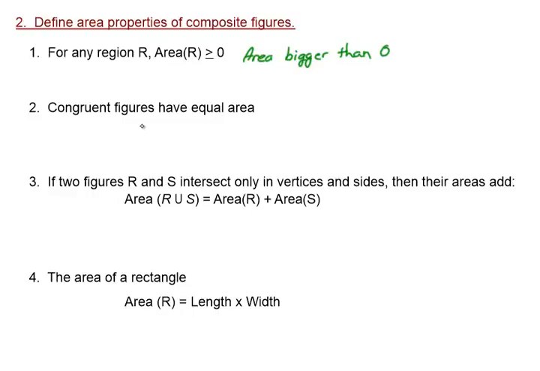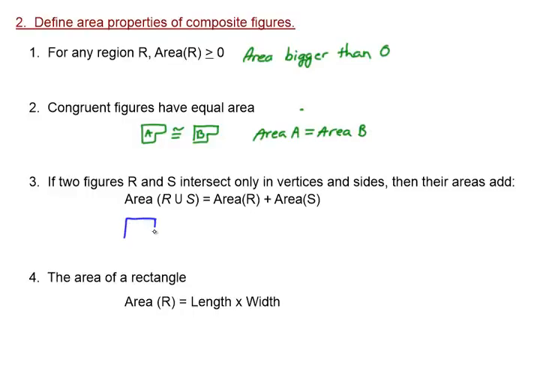So if I have two figures, here's A, and I'm going to say that A and B are exactly the same, so that means the area of A is going to equal the area of B. The third property is this: if two figures R and S intersect only in vertices and sides, then their areas add together. In other words, it's just what we got done doing.